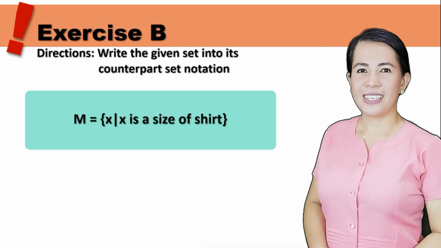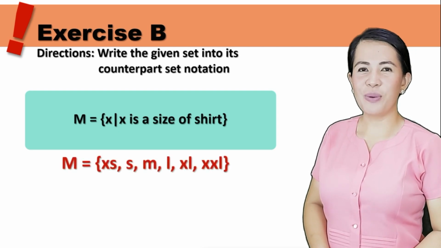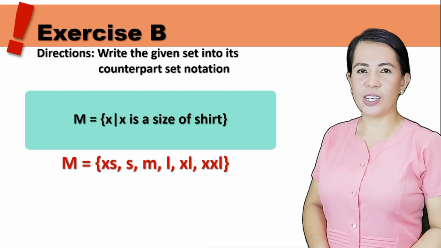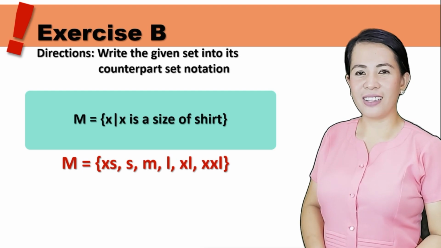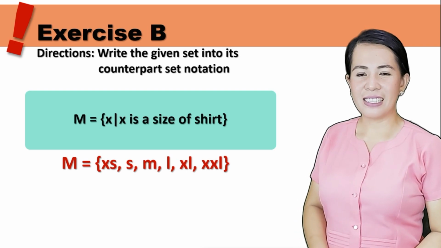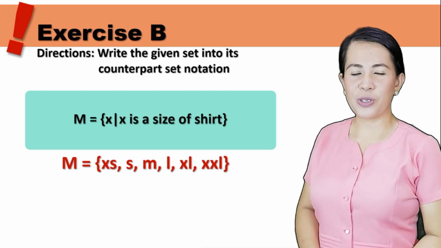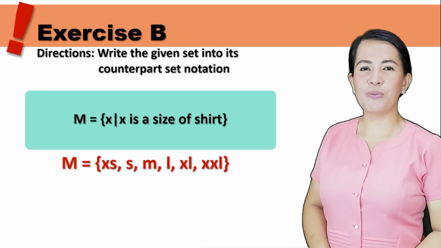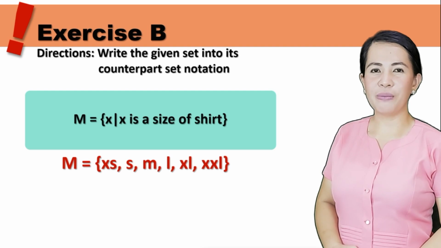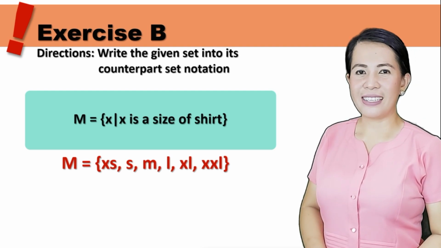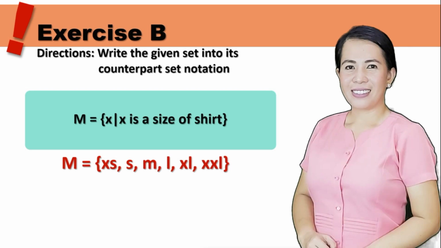We have extra small, small, medium, large, extra large, and XXL. In roster form, we write this as M is a set which contains XS for extra small, S for small, M for medium, L for large, XL for extra large, and XXL.